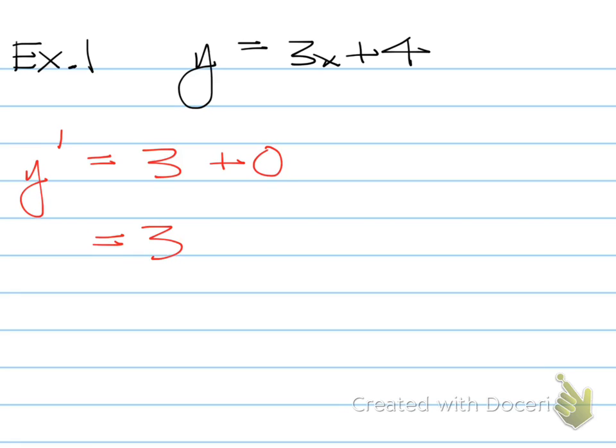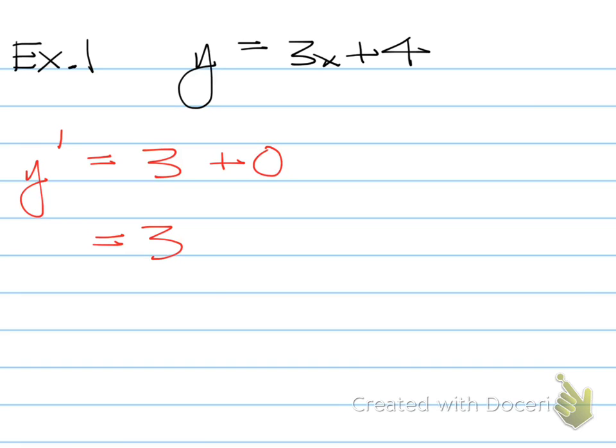Note also that the notation I used for the derivative is a little prime symbol. There are several different notations for the derivative. This is the simplest notation, just using a prime symbol. Now note that, again, the derivative is the instantaneous rate of change.